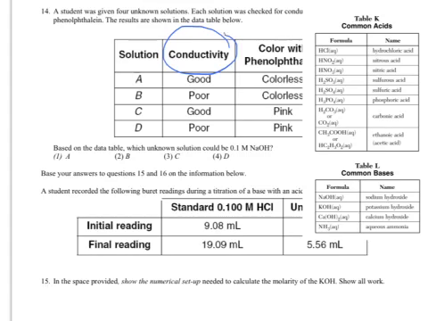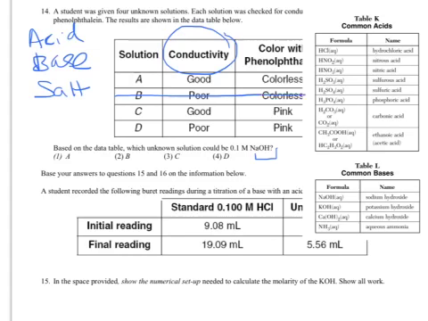And we recall that conductivity refers to electrolytes, and the three electrolytes are acids, bases, and salts. So sodium hydroxide, because it is a base, will be an electrolyte, or a good conductor of electricity in solution. So that means we can eliminate two of the choices.